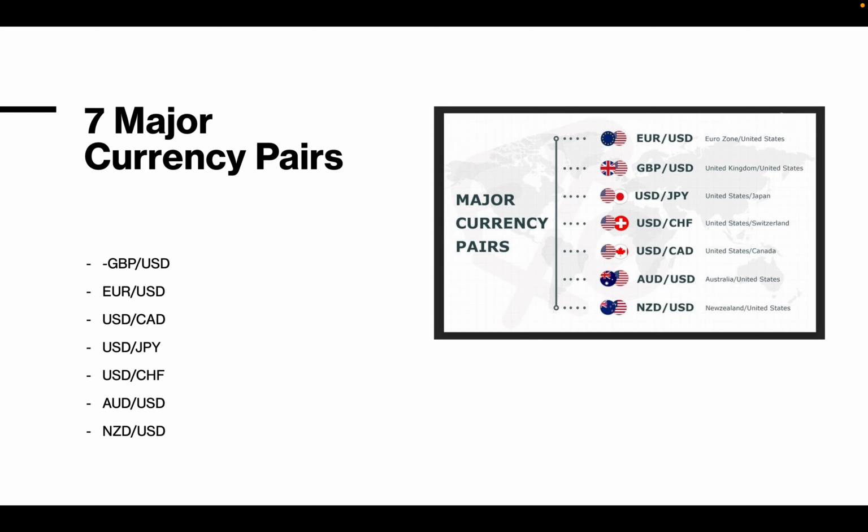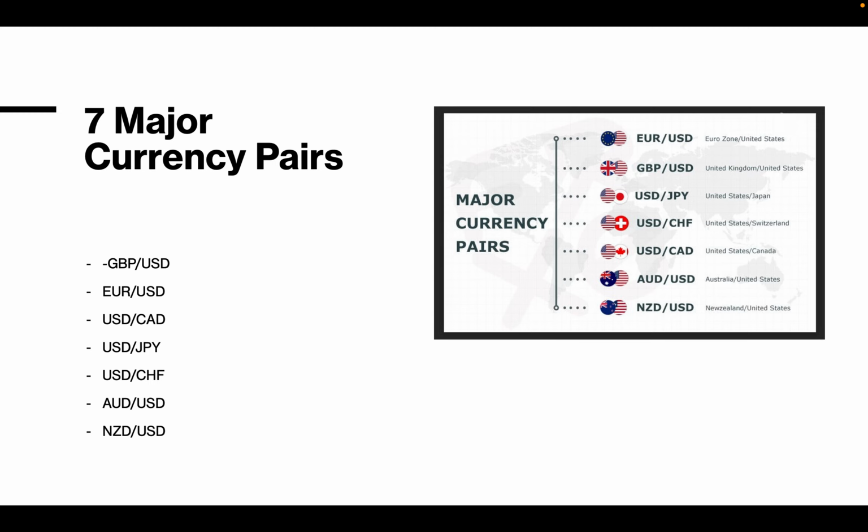And like I said, 90% of traders trade these 7 major currency pairs. You got GBP USD, EUR USD, USD CAD, USD JPY, and USD JPY is one of my favorite pairs to trade. It's the pair that I started off trading with the first couple years when I was learning what forex is, and it's a good pair for a lot of beginners.